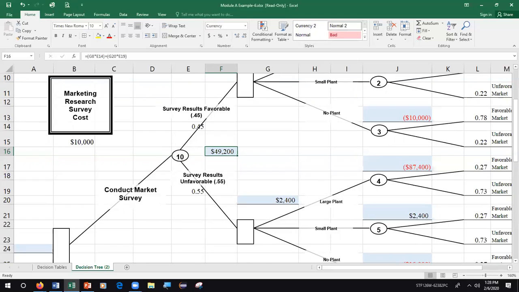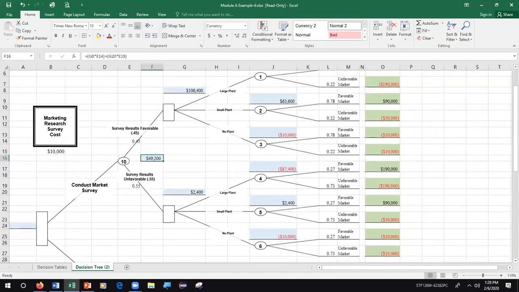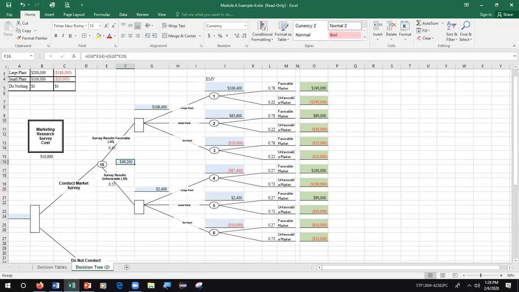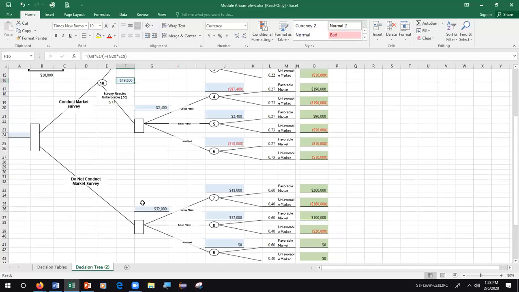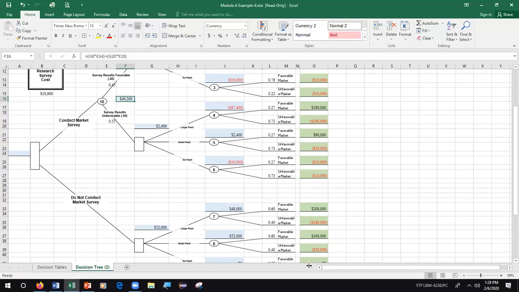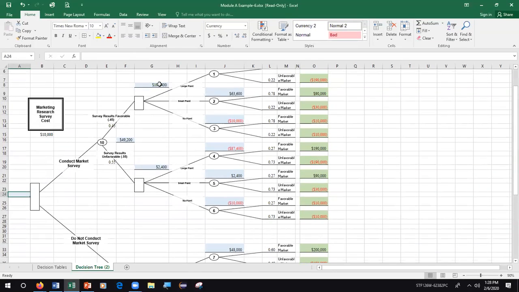So now let me go back out here so we can look at that and decide what we're deciding. And so in our case here, this is an EMV for whether we conduct the survey or not. We'll use this number to compare to this number. Because the last decision is based on whether or not we should work up here off of these two, because this is factoring in both of these.